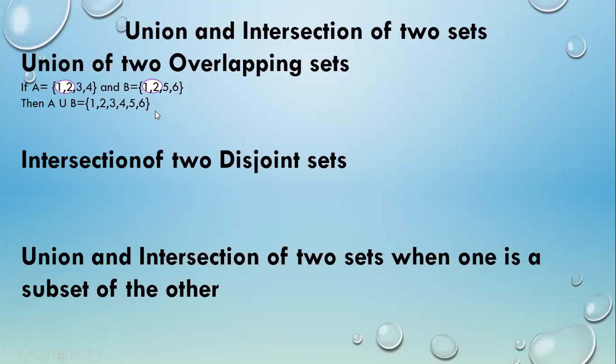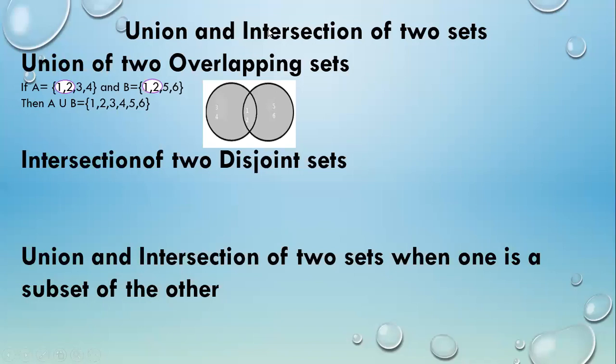Now, how can we draw the Venn diagram? For a Venn diagram, we have to draw two overlapping circles. In the overlapping part we mention the common elements. So the common elements are 1, 2.